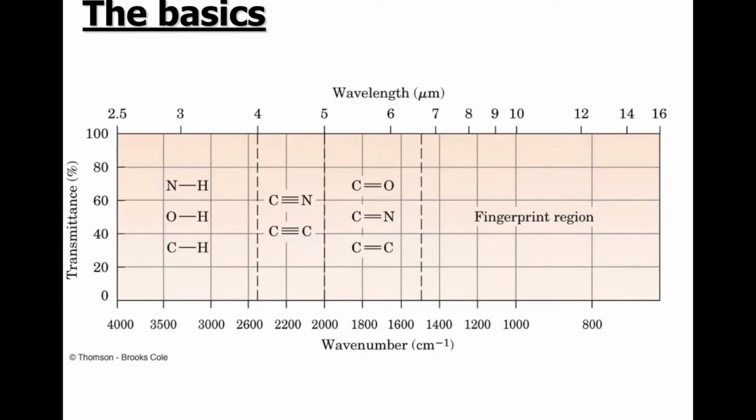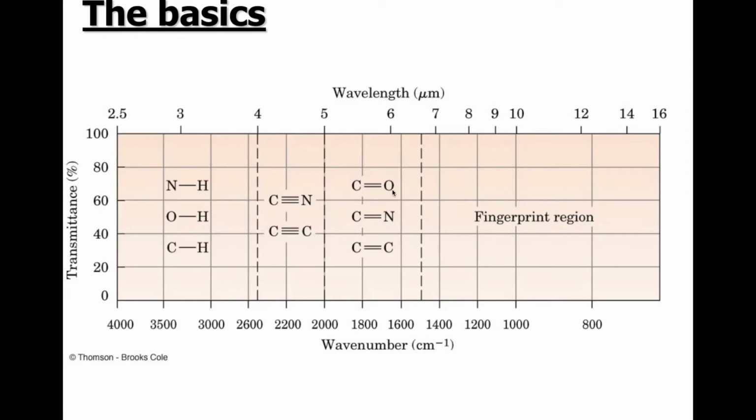And when we look at what's observed in these areas of the spectrum, we see that N single bond H, O single bond H, and C single bond H all occur in this area above, say, 2600. The carbon-nitrogen triple bond and the carbon-carbon triple bond, the signal is going to appear in this area in between 2000 and 2600 reciprocal centimeters.